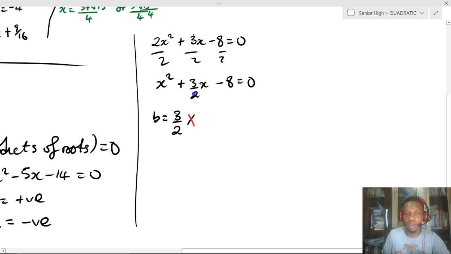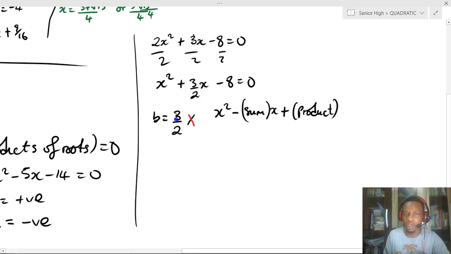Minus sum of the roots. Let's write again, x squared minus sum of the roots, and then plus products of the roots. Then we will need to find a value that when we multiply by minus sign, we'll be having what? A 3 over 2. Do you understand?